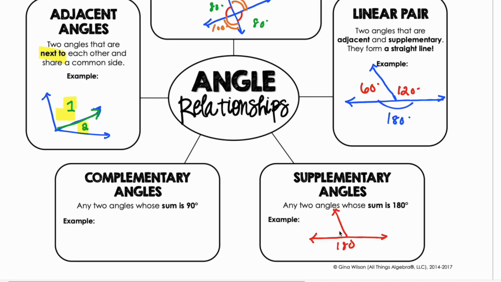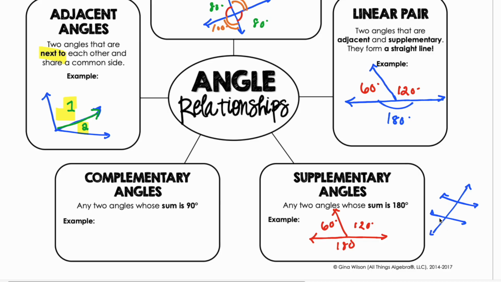This is 180 degrees. So let's say this is 60, then this has to be 120. Well, that's very similar to the linear pair, but the difference between the two is that they don't have to be next to each other. We have a line and we have these two lines going through it.